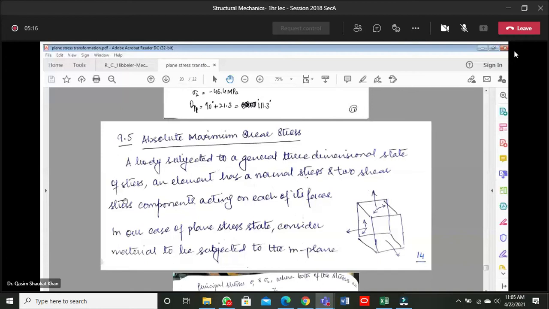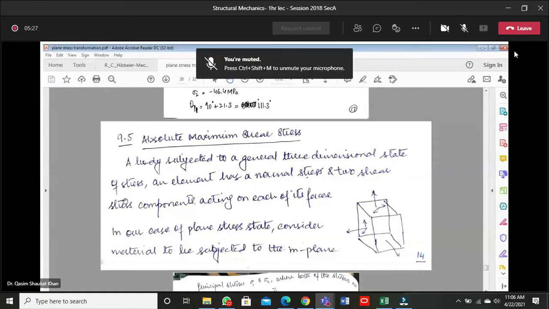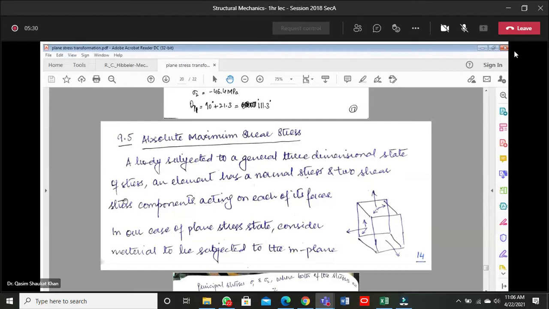Now in our case of plane stress, it is a biaxial stress state. It means you are working in the xy plane, and in that case you have two normal stresses and one shear stress. So the element is considered to be subjected to in-plane principal stresses, which are basically your normal stresses.